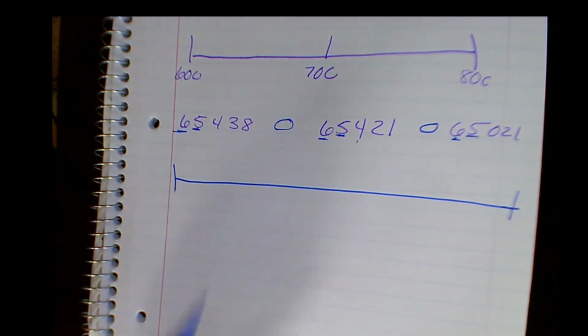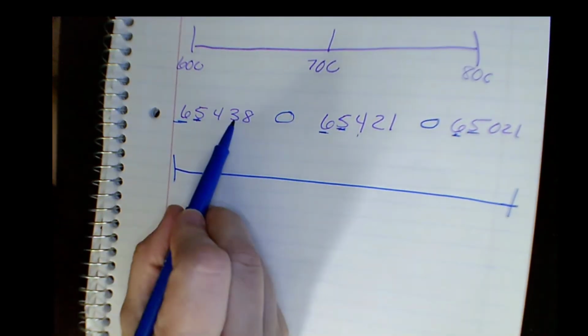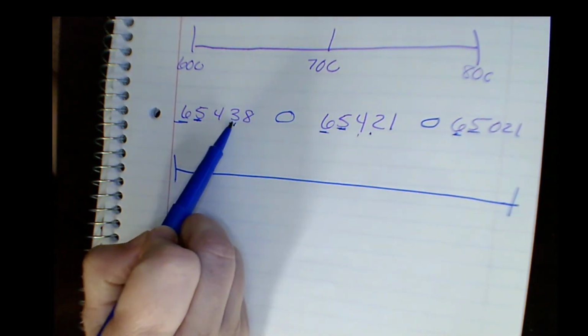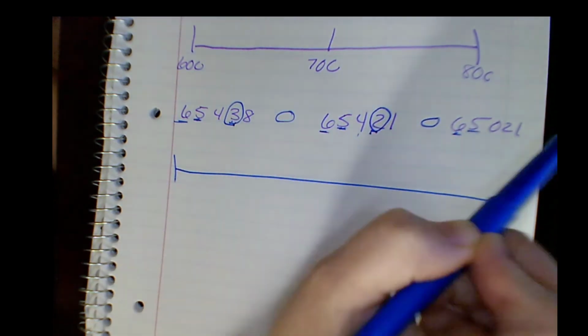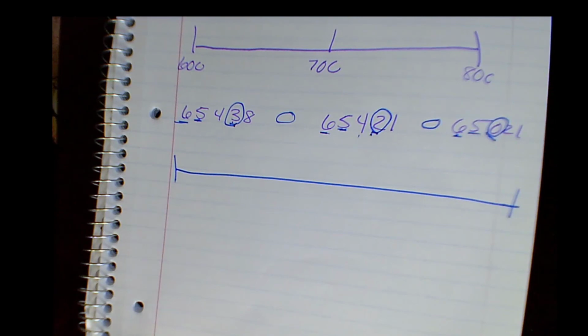But is it different with all three or just different with one? Then I have a 3 in my tens, a 2 in my tens. So over here is another difference with these two numbers. And over here, it's a difference in the hundreds. So let's look. Which one is more?